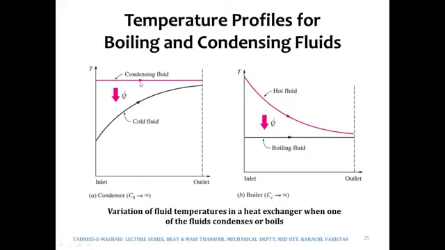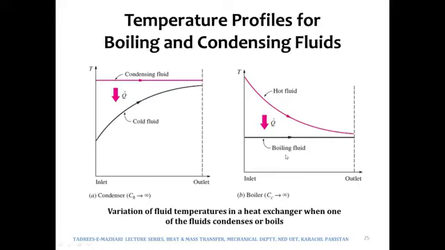So the temperature of the condensing fluid will remain constant, whereas the temperature of the other fluid, which would be the cold one, will increase. Similarly, in the case of boiling, one fluid will be boiled. Its temperature will become constant.